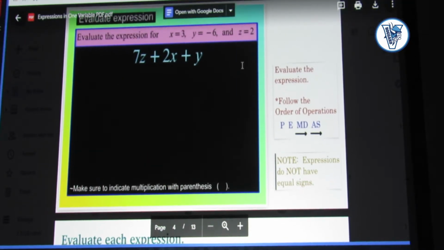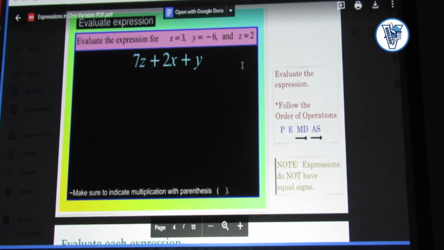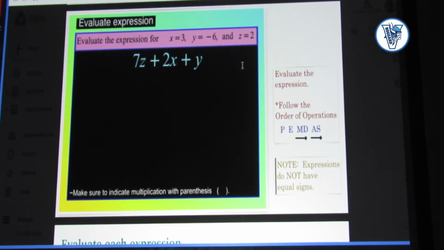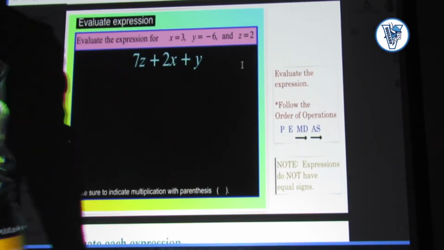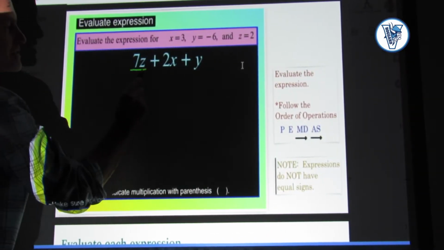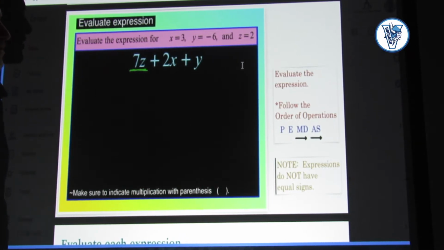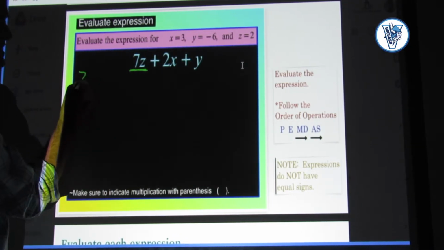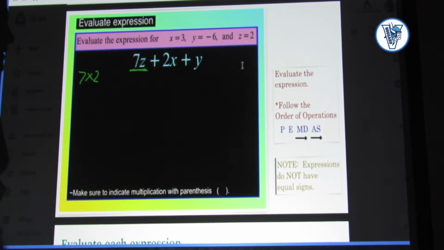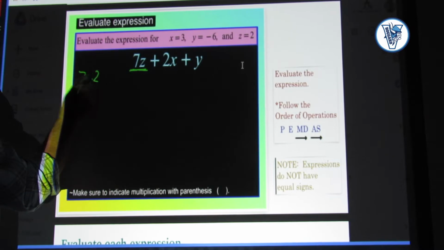Let's try that again. Now here, I really want people to get good at using parentheses for indicating multiplication. This is 7 times z, and I don't want to use the old x anymore for multiplication. I don't want to write 7 times 2 because we might confuse that for an x.